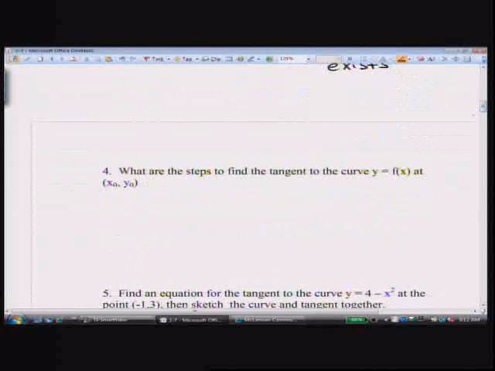Okay. So what are the steps to find the tangent to the curve y equals f of x at the point x naught, y naught? They're giving us a specific point, like they'll say when x equals 2. They might give us the point 2, 5. But if they give us the x and the function, we can find the y just by plugging it in, right?